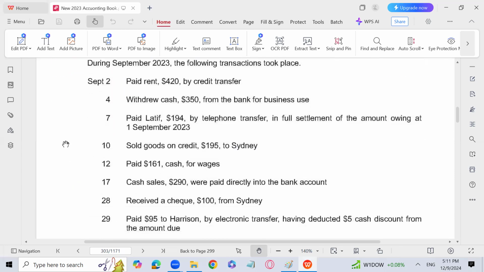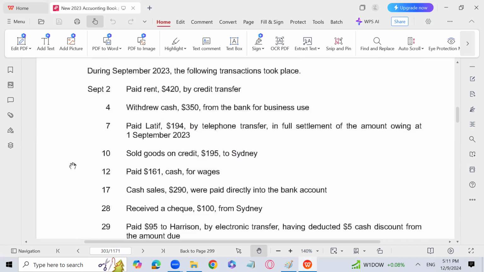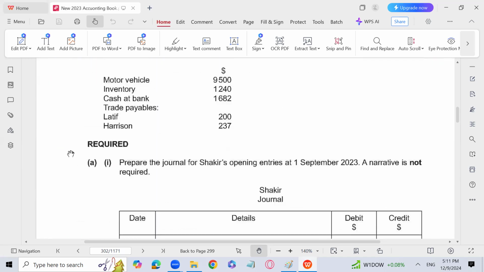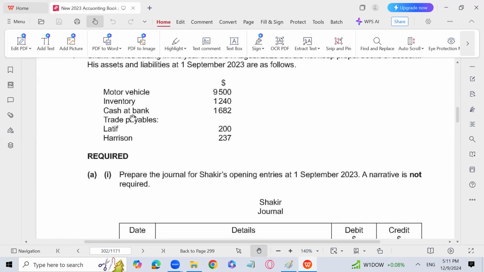Next is the cash book, and this is the 3-column cash book we are going to prepare. I have already done that, but I didn't write the balance yet. The balance given is cash at bank, 1682, and that is a debit balance.